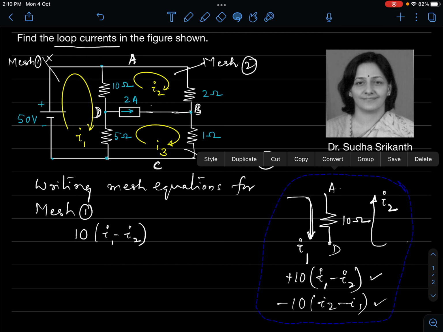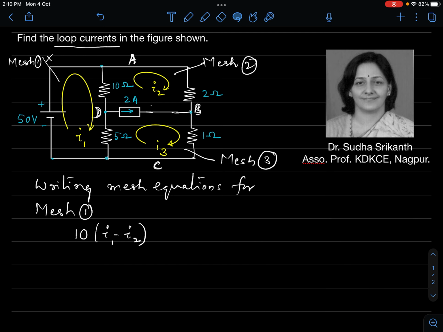So now we will try to take the next element. Which one? 5 ohm. So I have come up to point D. Now from D to the source, I have to go via 5 ohm. So what is the current through 5 ohm? 5 into that current, the loop current supposed to be taken greater, I1 minus I3, because that results in a drop in potential which we are taking as positive.